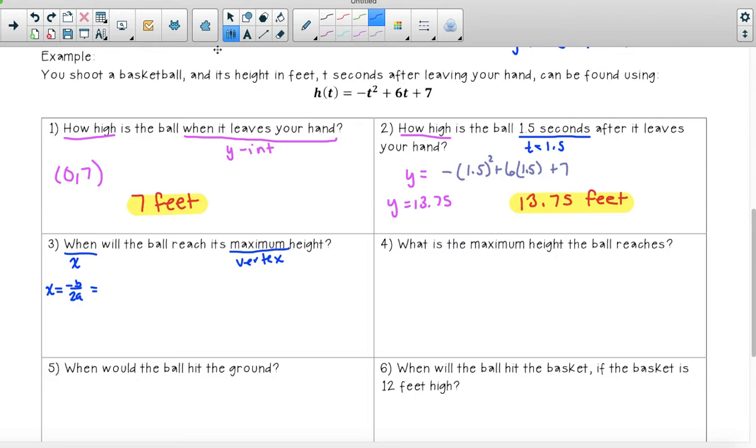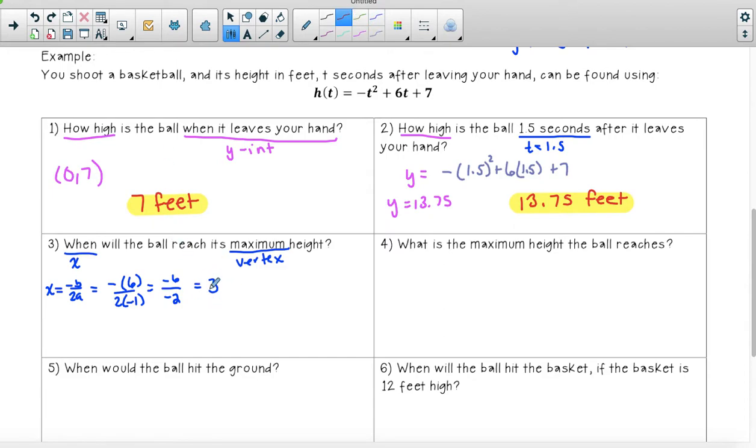So if we look back at our problem, we have negative times, our b value is 6, divided by 2 times, our a value is negative 1. So we have negative times 6 is negative 6, divided by 2 times negative 1 is negative 2, which is equal to a positive 3. So when will the ball reach its maximum height?